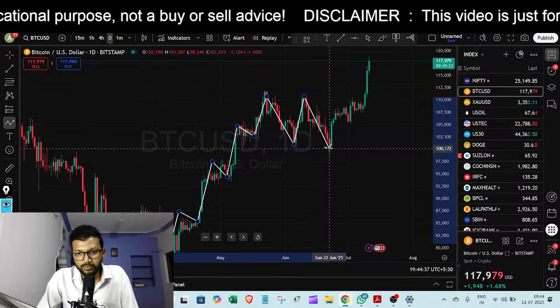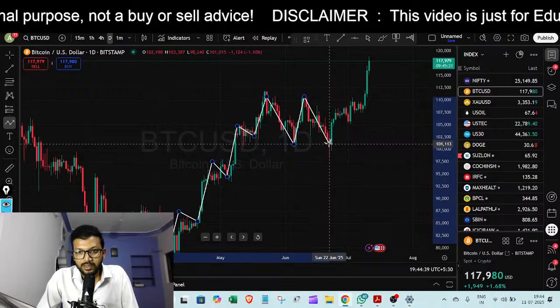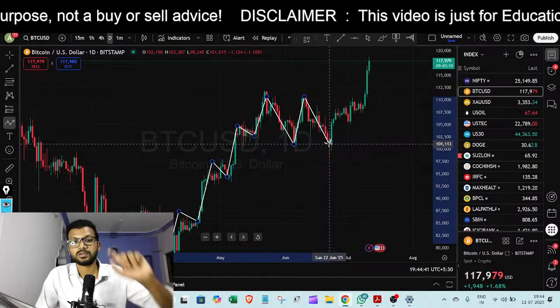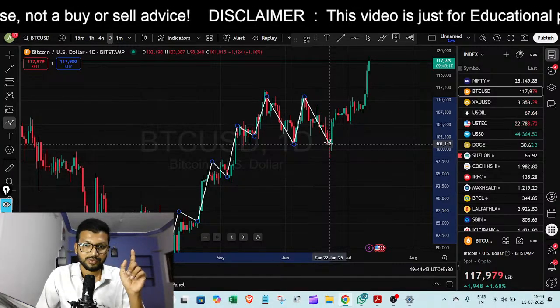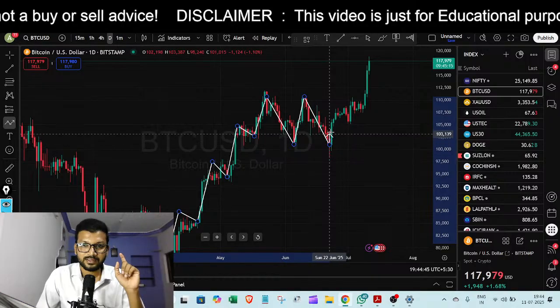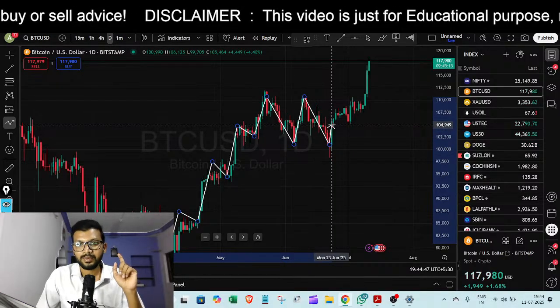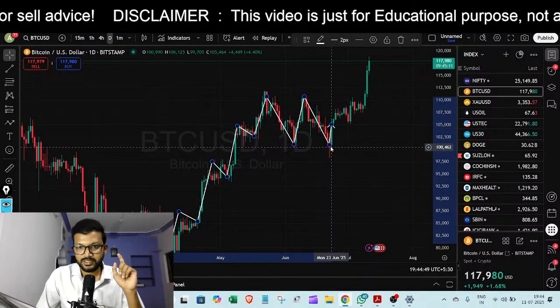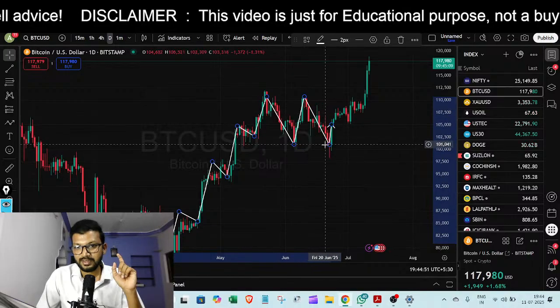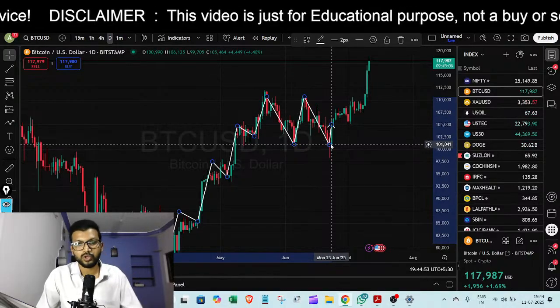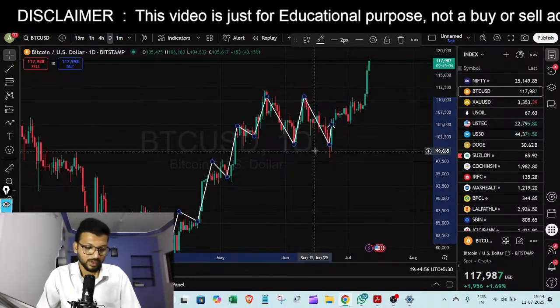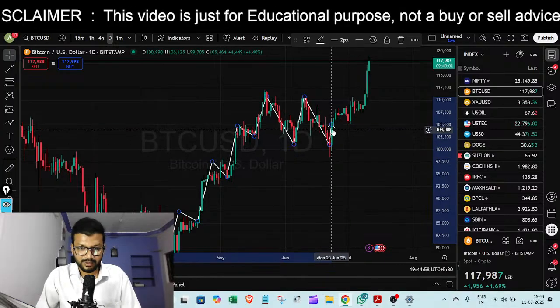This low was also broken, but the overall trend was higher highs, and then the next candle completely reversed, which trapped all the sellers who shorted their position by looking at this M pattern. Now all these sellers are trapped.